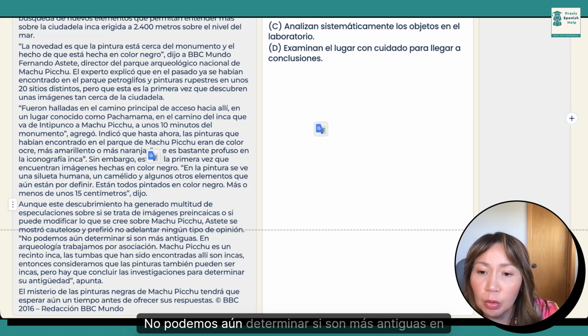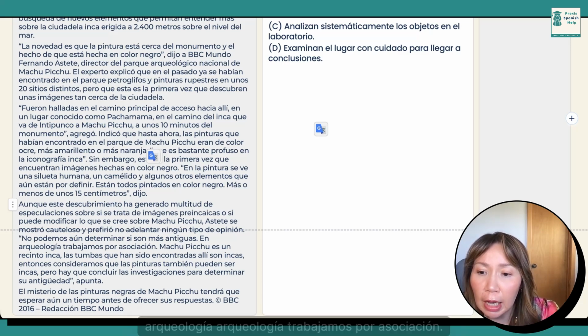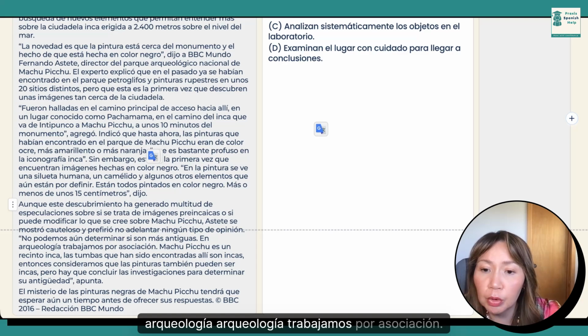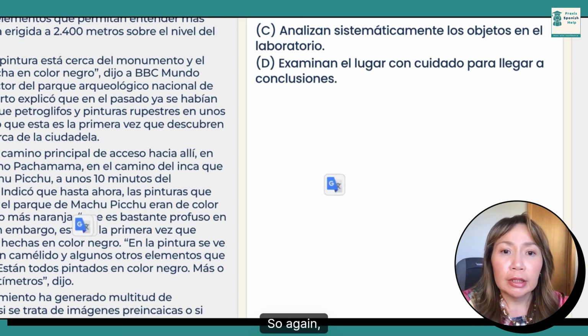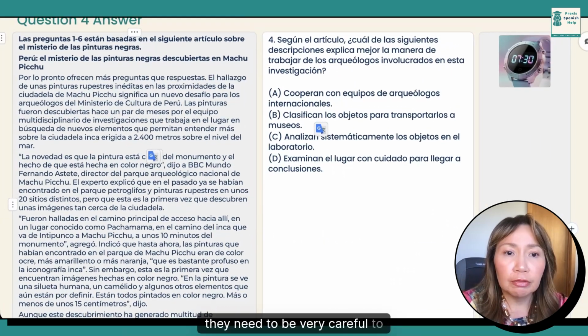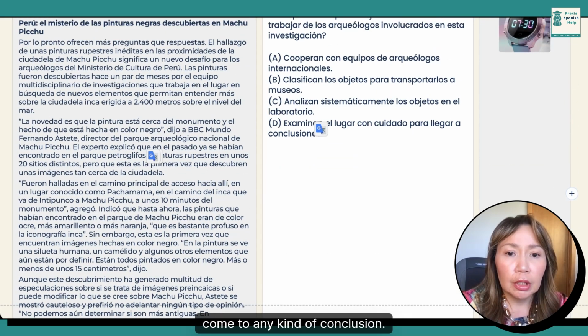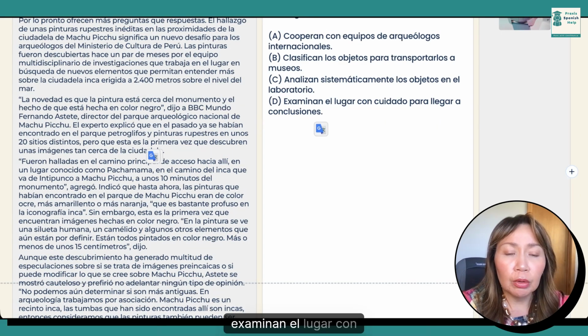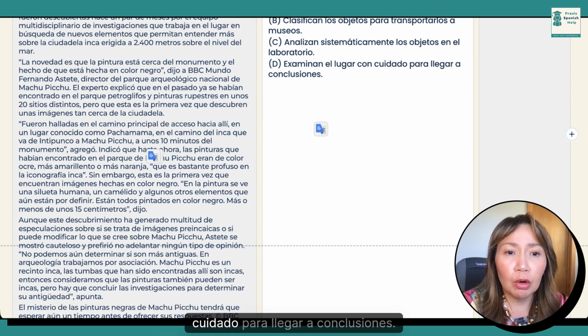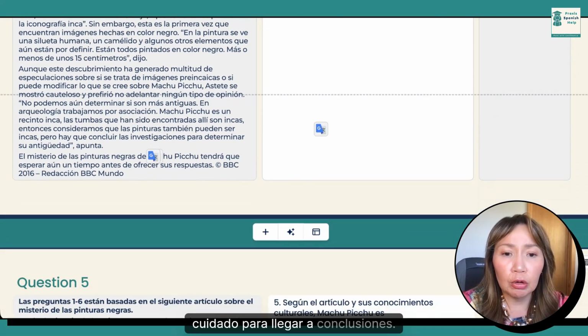No podemos aún determinar si son más antiguas. En arqueología trabajamos por asociación. So again, they need to be very careful to come to any kind of conclusion. So the correct answer then is examinan el lugar con cuidado para llegar a conclusiones.